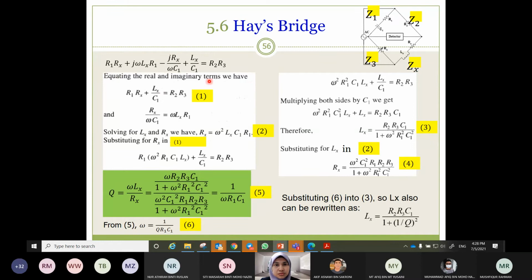So we need to write the definition for each Z. Z1 is equal to R1 plus 1 over j omega C1.